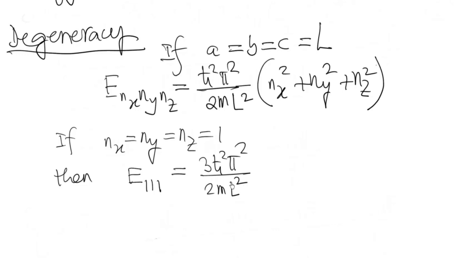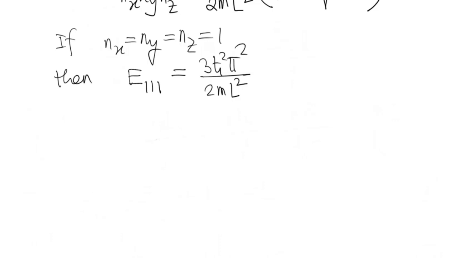Now for the next higher energy level, the values for the three quantum numbers are either nx equal to 2, ny equal to 1, nz equal to 1. Or we could take nx equal to 1, ny equal to 2, nz equal to 1. Or nx equal to 1, ny equal to 1, nz equal to 2.